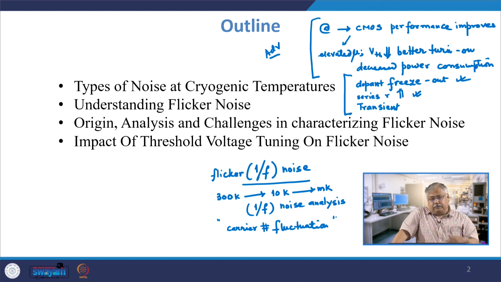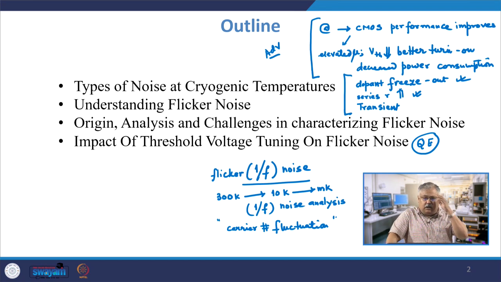Because we are dealing with noise, we also need to know that at cryogenic, at such a low temperature, you need to bring in quantum effects. The quantum effects will categorize discrete energy levels, and they end up having a large change in the value.